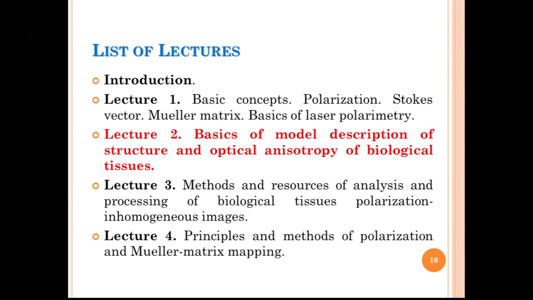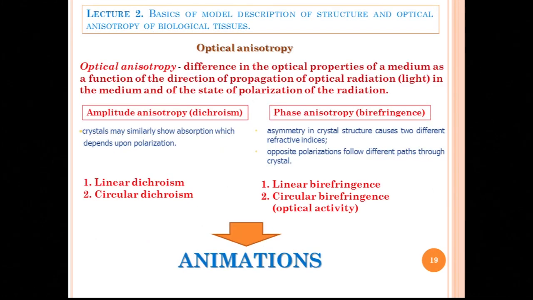So let's talk about the basics of model description of structure and optical anisotropy of biological tissues. What does optical anisotropy mean? Because almost every biological object, except fat tissue, is an anisotropic object. Optical anisotropy is a difference in the optical properties of a medium as a function of the direction of propagation of optical radiation in the medium and of the state of polarization of the radiation.